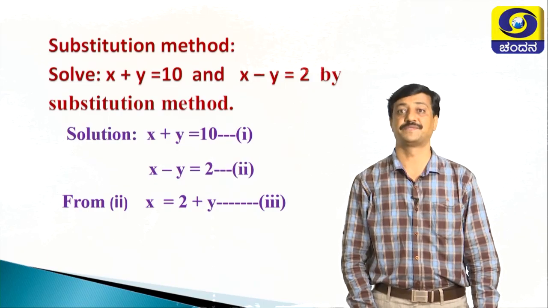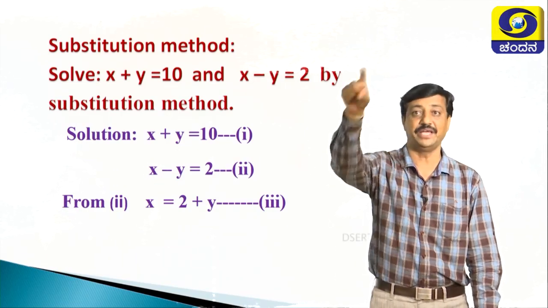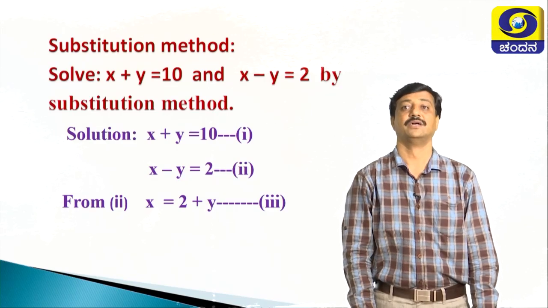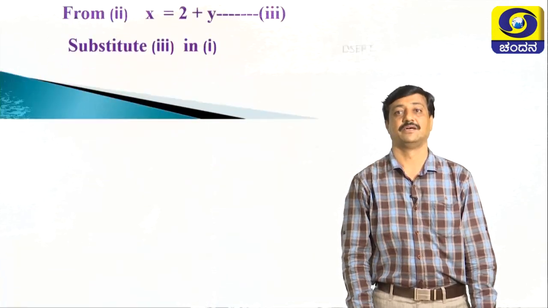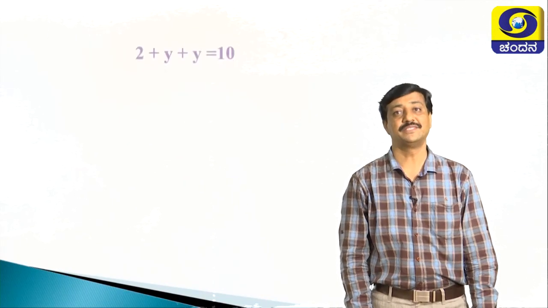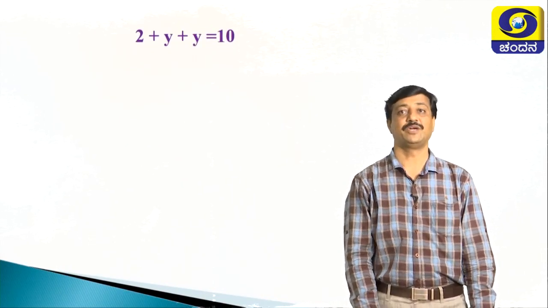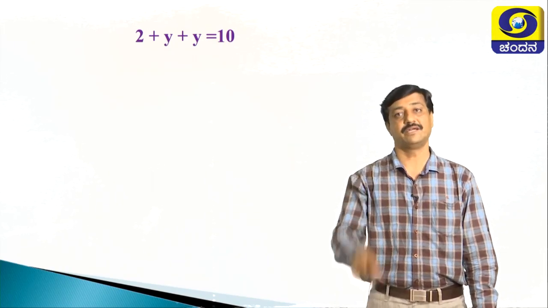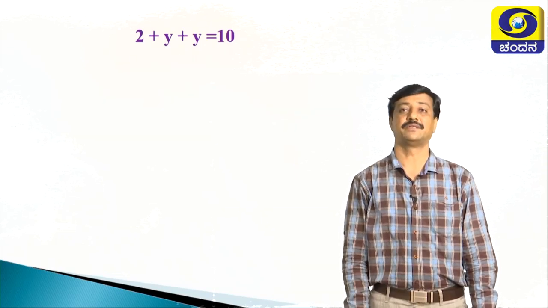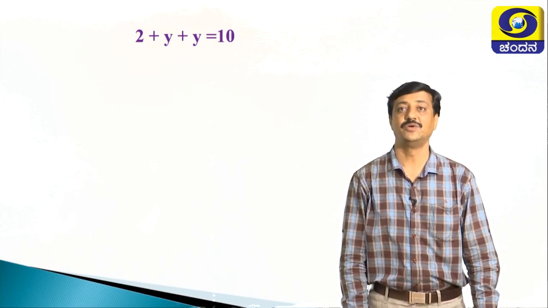Now, we have to substitute equation 3 in equation 1. As equation 1 says, x plus y equals 10. In place of x, you take 2 plus y. Here y and y are like terms, add both and you get 2y.